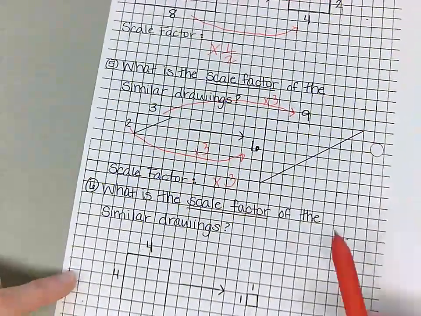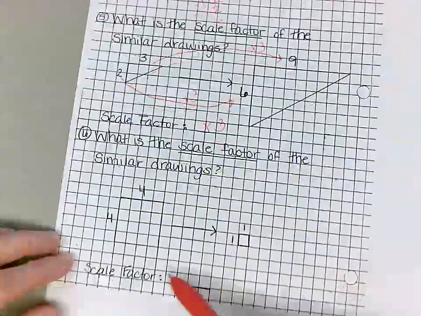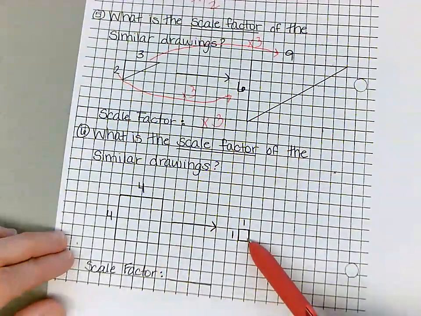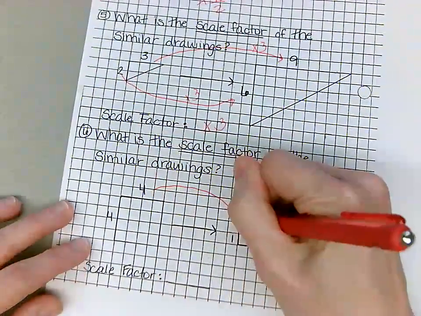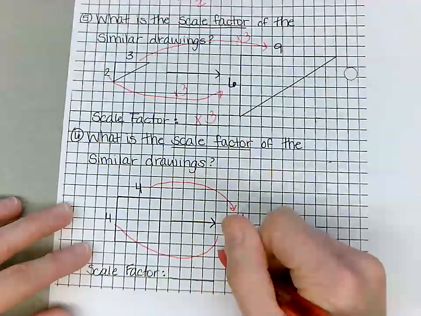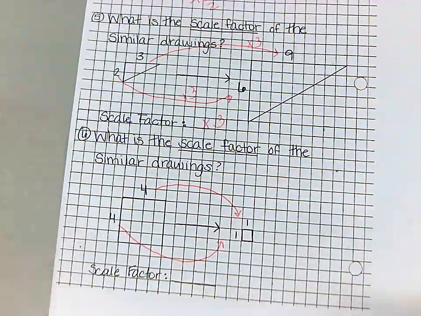Number 6, what is the scale factor of the similar drawings? You see here, you have a 4x4 square that's getting shrunk down to a 1x1 square. So you're going from 4 to 1. Now again, when I ask what's happening here, you're going to say, well, it's dividing by 4.